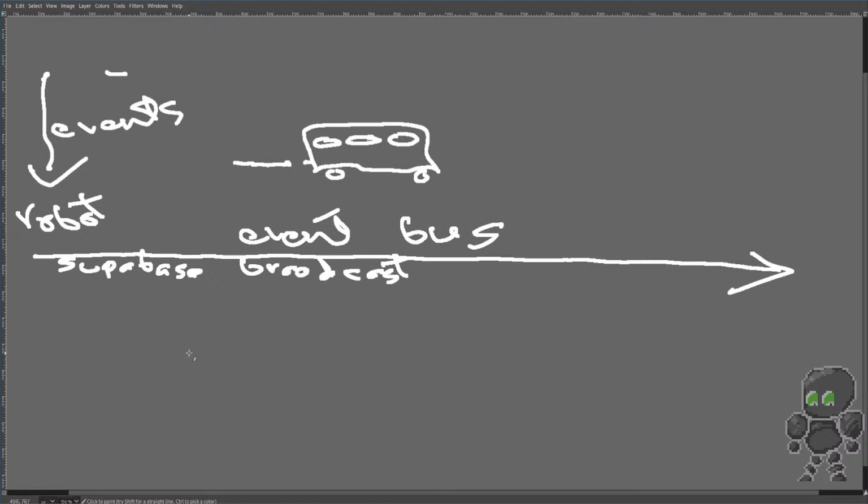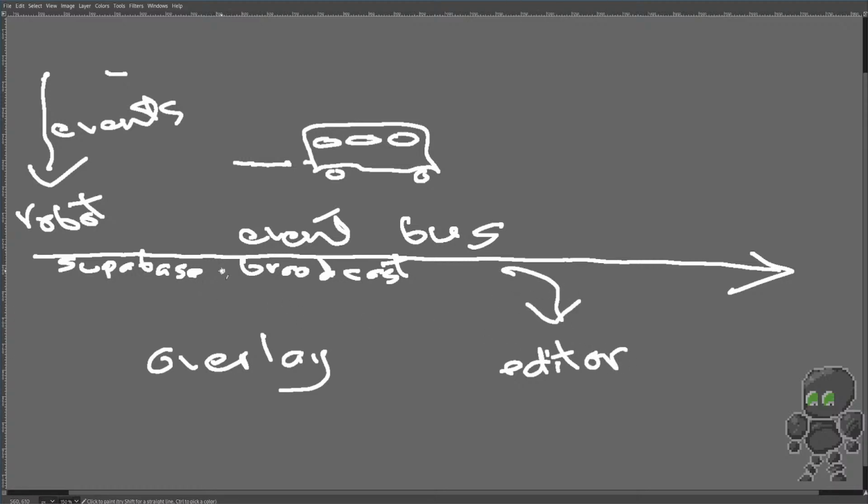So I've got the overlay. I've got my editor. Yoink. Yoink. In theory, the robot itself could subscribe to events, which it does. So it can write annoying chat messages or play sounds. Well, actually, the overlay would probably play sounds.